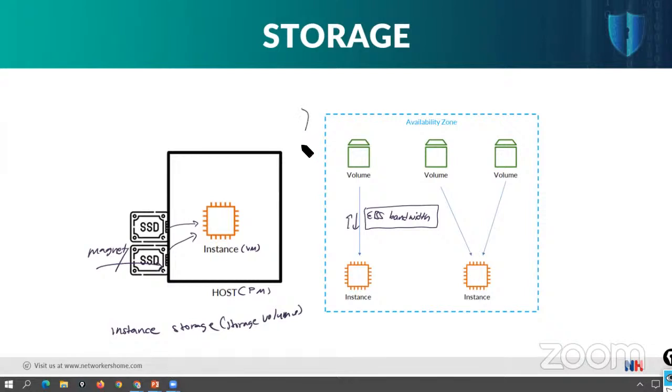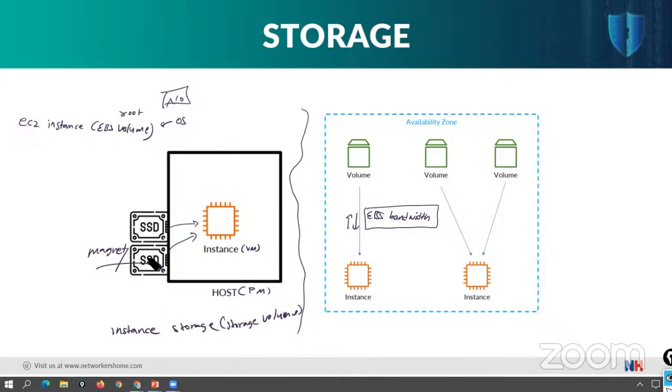Now, do I use EBS volume and instance storage for every type of EC2 instance? The answer is no. You create an EC2 instance, and the instance will have EBS storage. It will have at least one EBS volume, the root volume, the first volume where your OS is loaded, and if you want, you can attach additional EBS volumes.